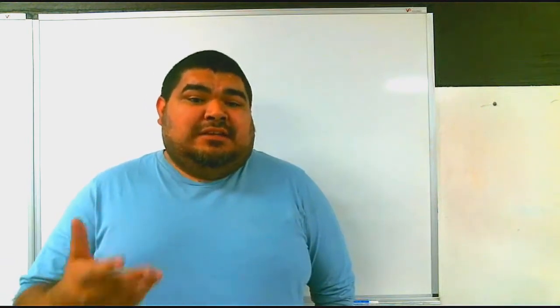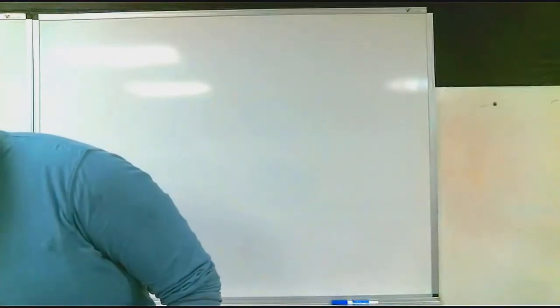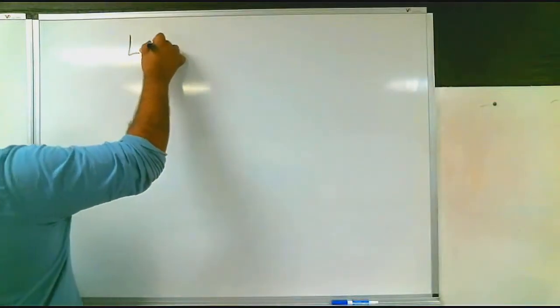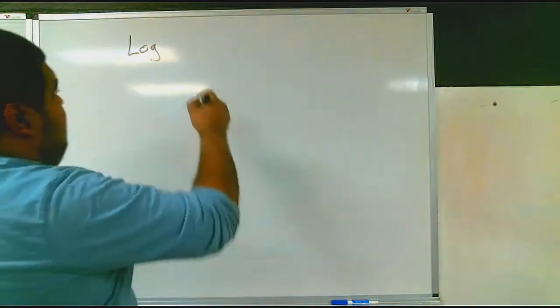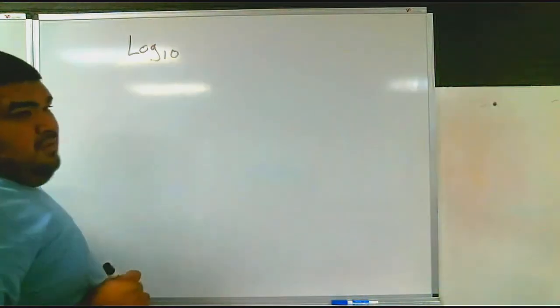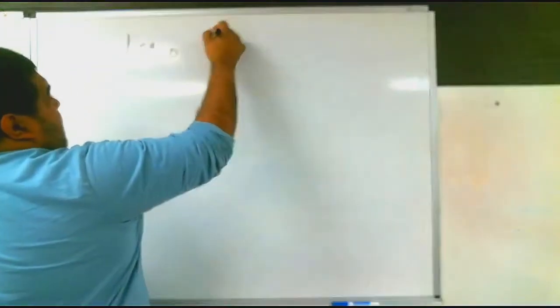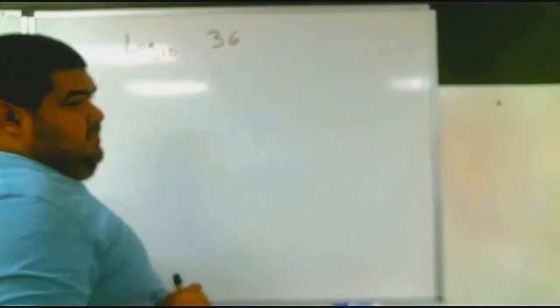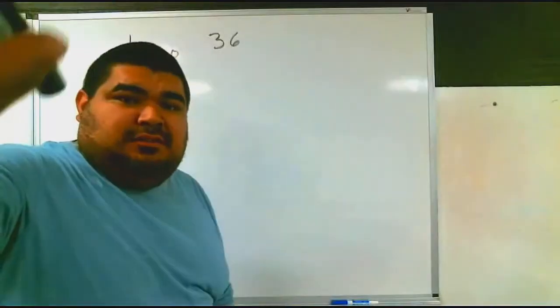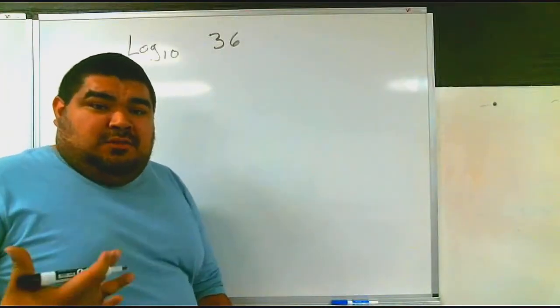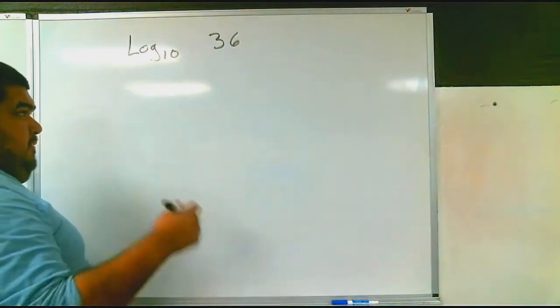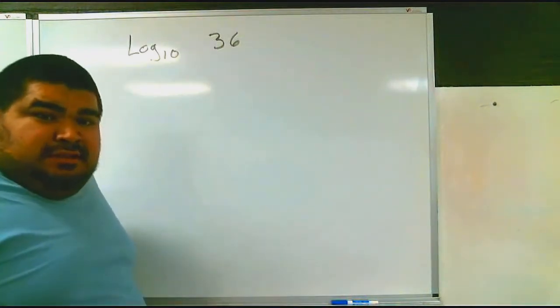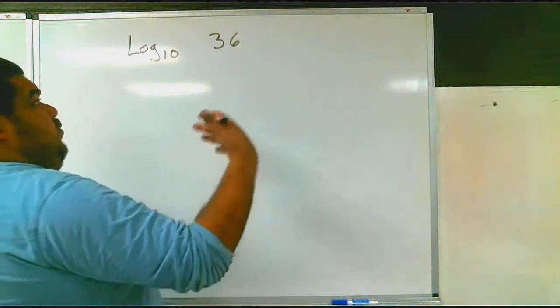The only difference, when it comes to logs, is when you're multiplying logs that are broken down. For example, if I have log base 10 of 36, we're going to use a natural log. When you want to break this log down, two numbers that give us 36, in this case, will be 6 and 6.